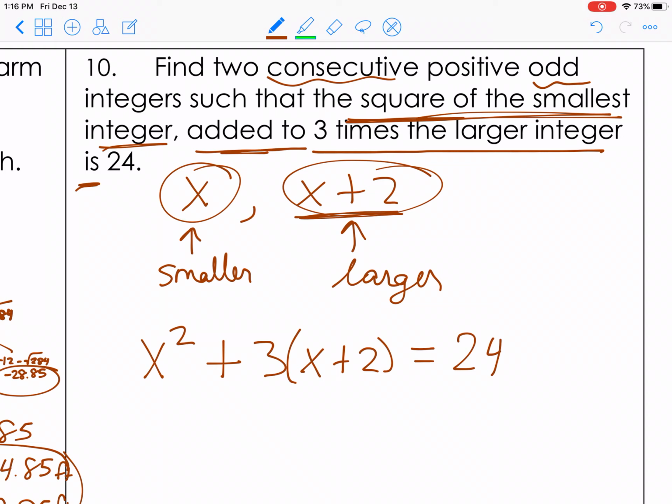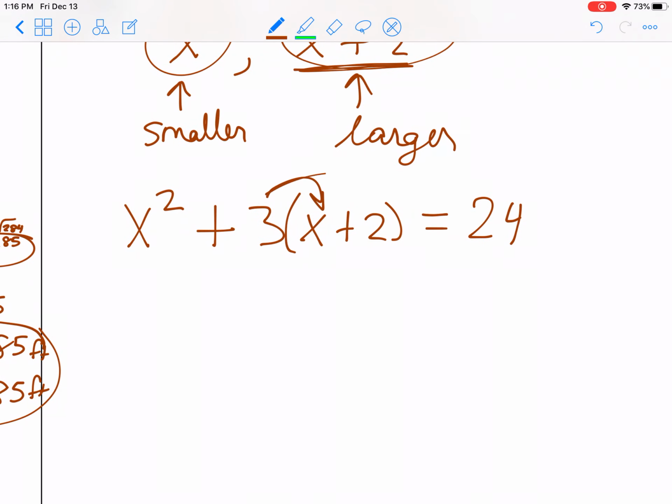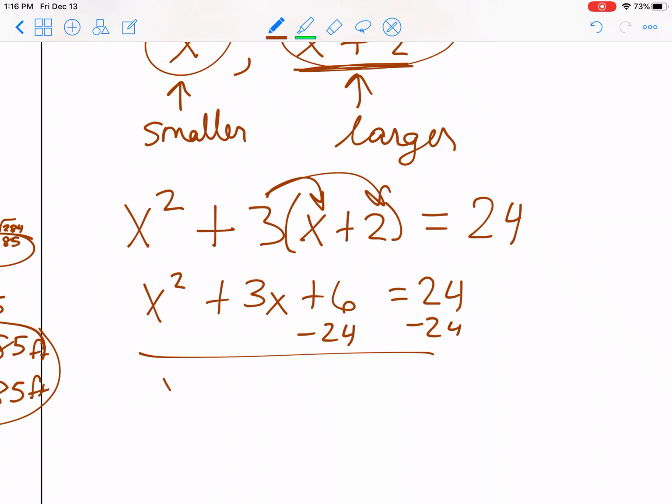Let's see, 75% of the battle is coming up with the equation. So if you've gotten that far, that's really good. Now it's just a matter of algebra to solve it. So we're going to distribute this 3. We'll get x squared plus 3x plus 6 equals 24. To get it into standard form, I'm going to subtract 24 from both sides. x squared plus 3x minus 18 equals 0.